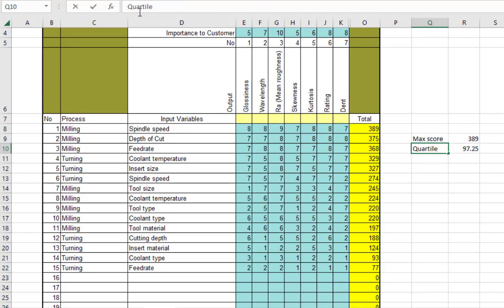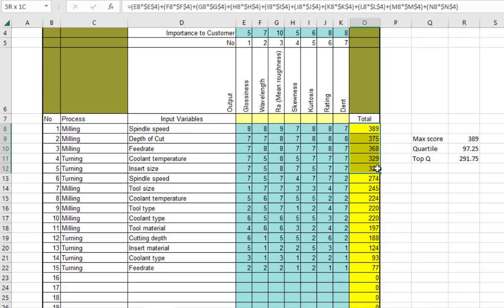And the top quartile will be the maximum score minus this number, so 291.75. That means if we utilize the top quartile approach, any input above 291 will be chosen. If we refer to the total score here, these 5 inputs are above the top quartile.